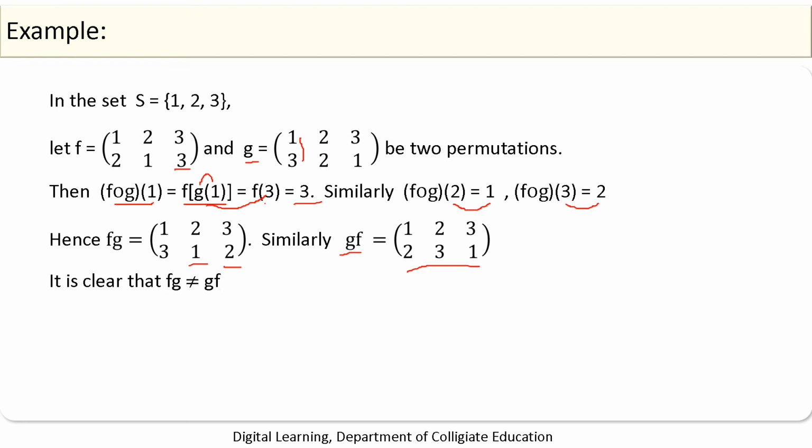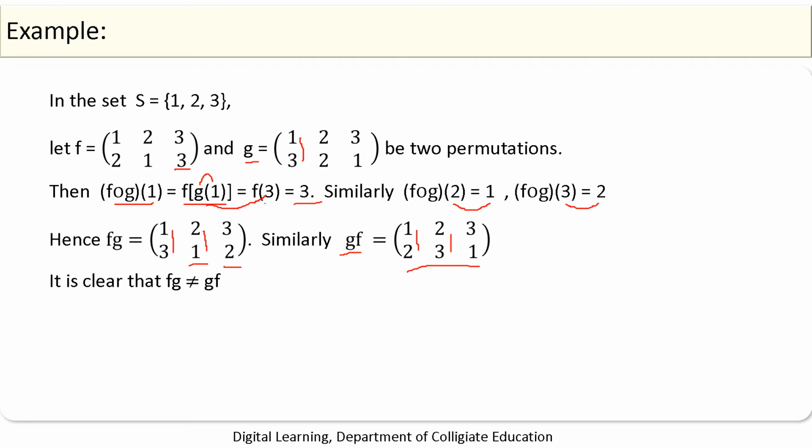Look at both products FG and GF. In FG, we have 1 is mapped onto 3. In GF, 1 is mapped onto 2. It's different. 2 is mapped onto 1 in FG, but here 2 is mapped onto 3. That is also different.